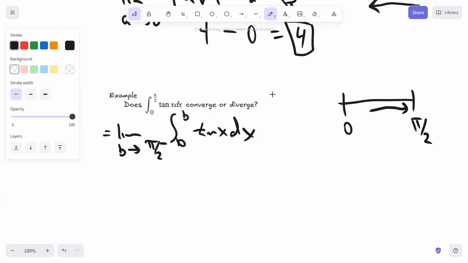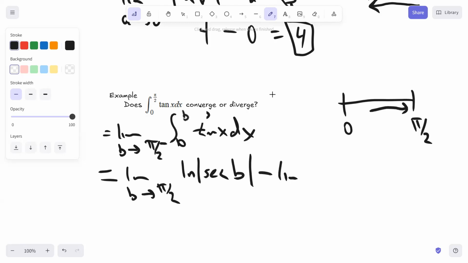Now, we're going to anti-differentiate this, and the antiderivative of tangent is natural log secant. So this is the limit as b approaches pi over 2 of natural log of secant b minus natural log of secant 0.